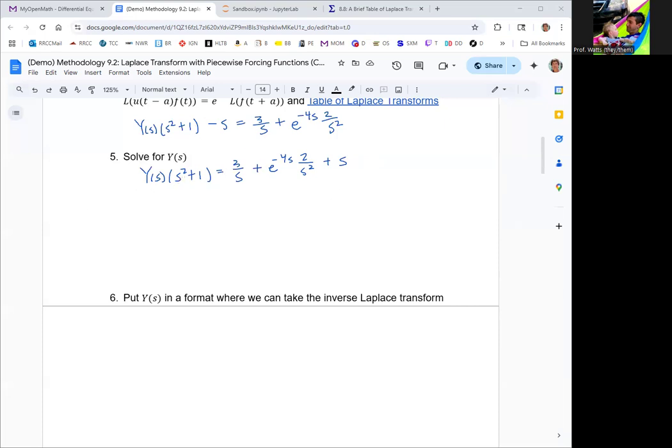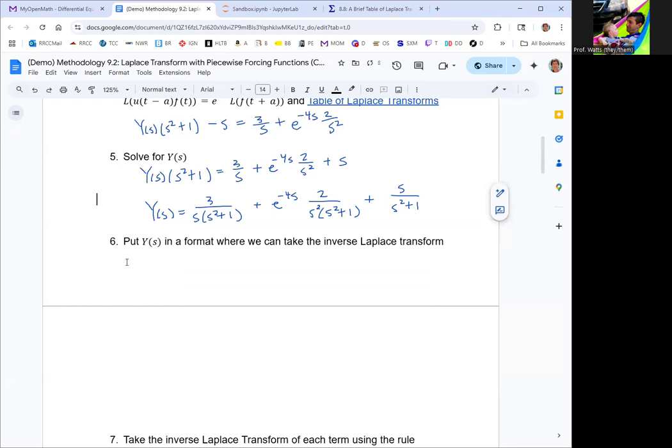And then we're going to want to divide both sides by that s squared plus 1. So when you have these rationals, just go ahead and put that extra factor in the denominator. We don't want complex fractions. All right. So that's it.